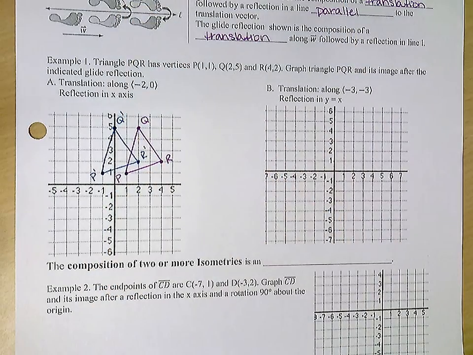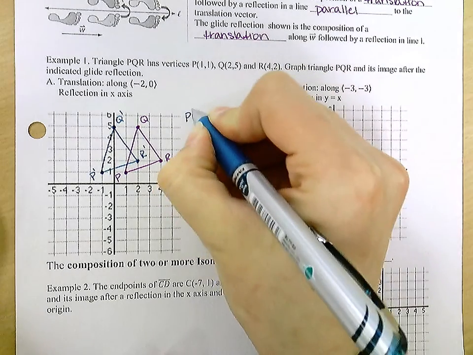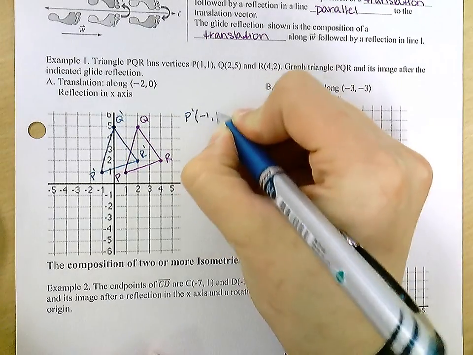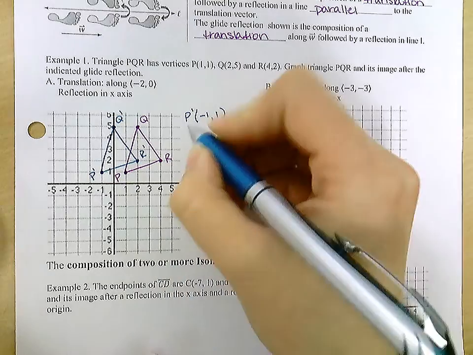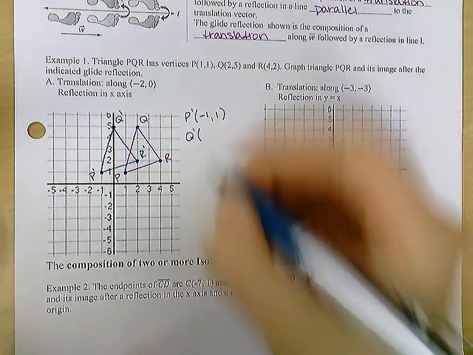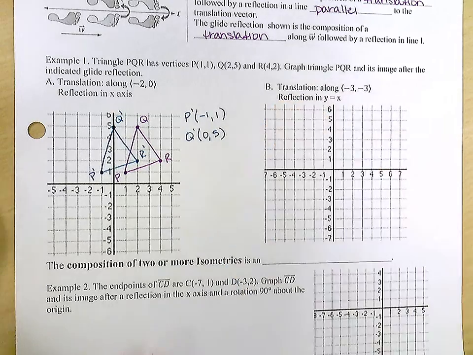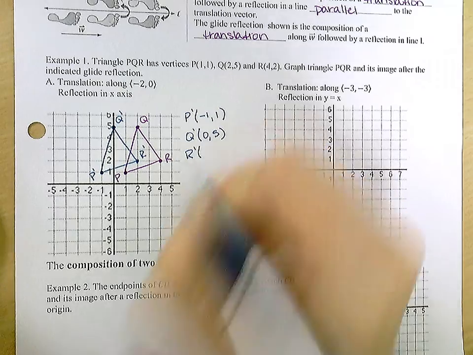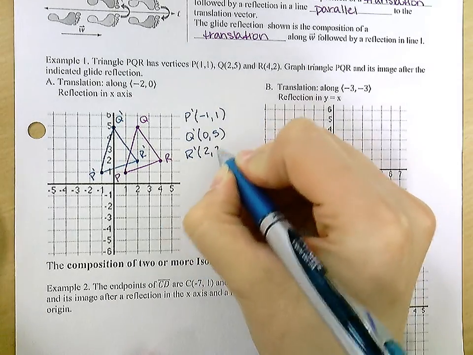Okay, and just like before, I do want to write out my prime coordinates there. So we have P prime at -1, 1. Q prime at 0, 5. And R prime at 2, 2.